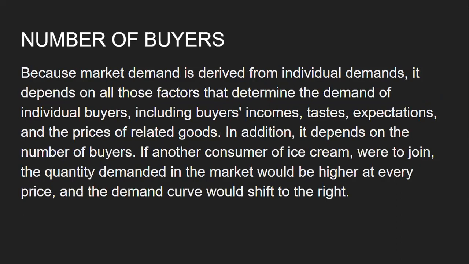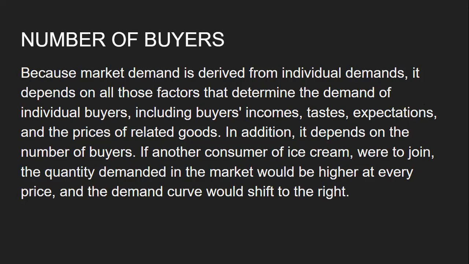Number of buyers. We know that the market demand is a summation of all the individual demand for a particular good or service, and it depends on the number of buyers in the market. Suppose a consumer of ice cream were to join the market, so it will lead to an increase in the demand for ice cream, that is the quantity demanded in the market would be higher at every price, and this will shift the demand curve towards the right.